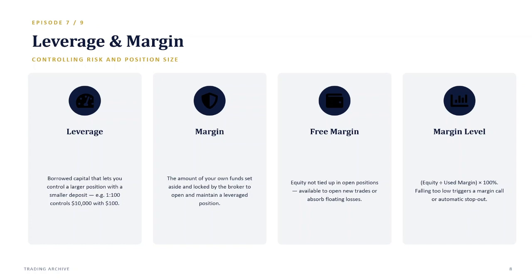Then we have free margin. Free margin is the amount of money that is independent from the position you've just opened. It's the money that is left aside. When you place a trade, the money that is left behind is what we call free margin, and it can absorb floating losses.